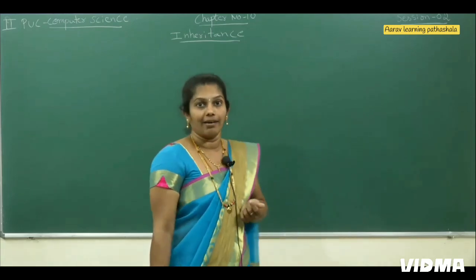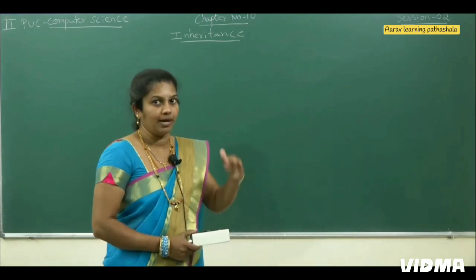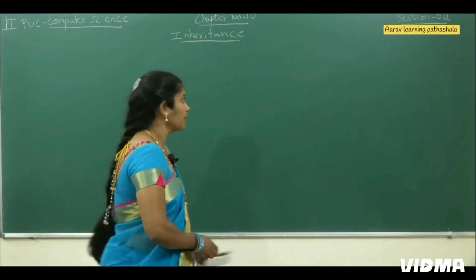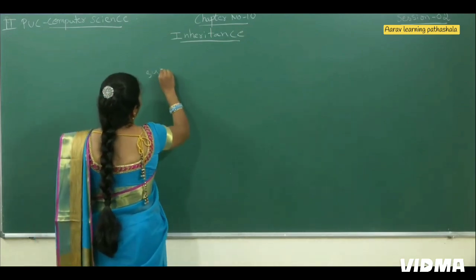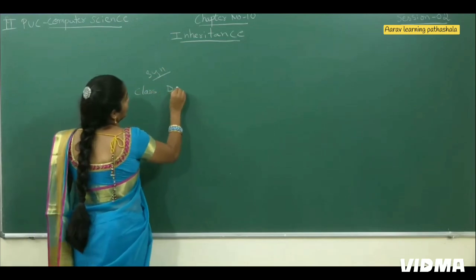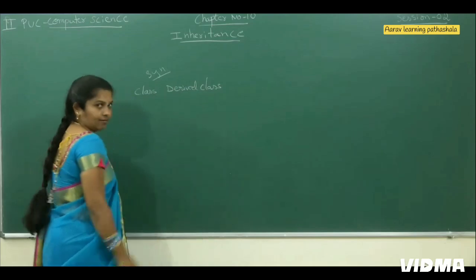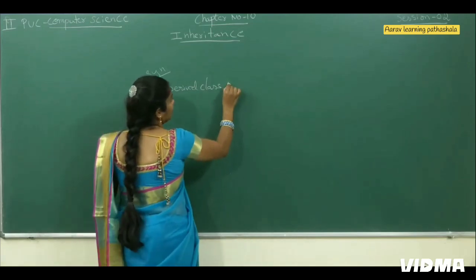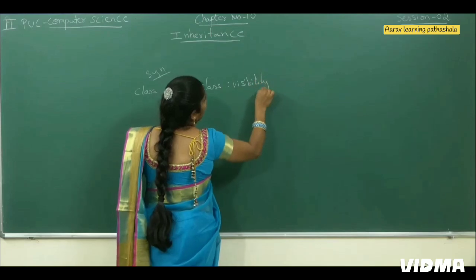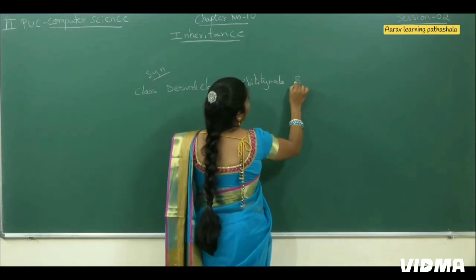With that we have explained how to define inheritance. The syntax also we explained. Today I am going to explain the syntax once again and then continue with this concept. While writing the syntax, first we have to write class, then next the derived class, then colon, visibility mode, and at the end we write the base class.